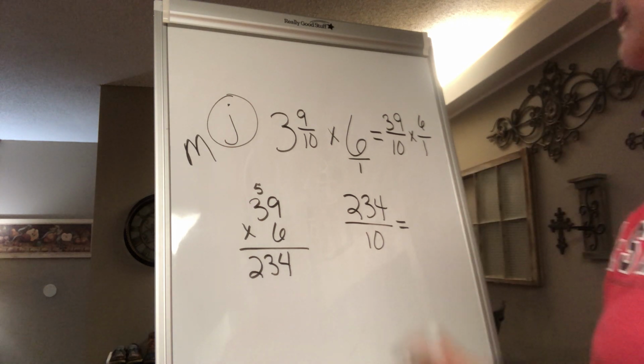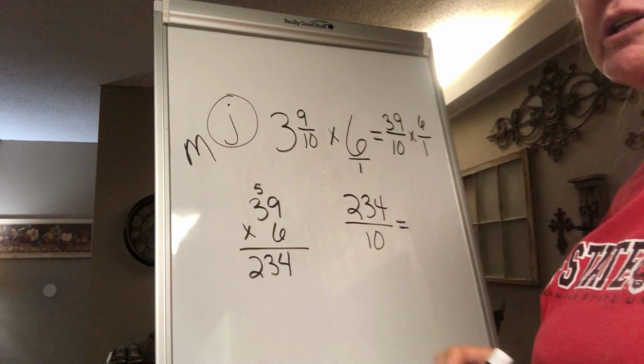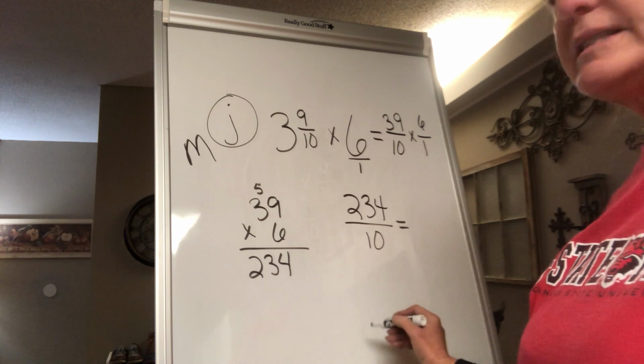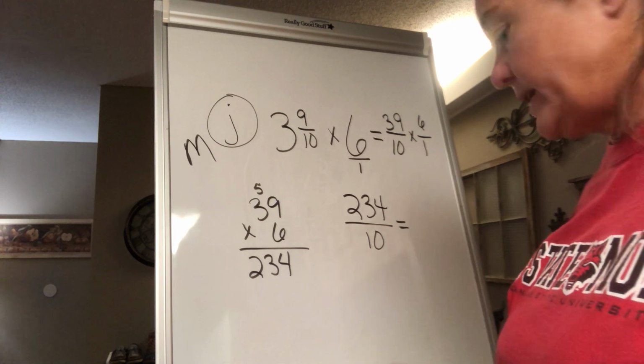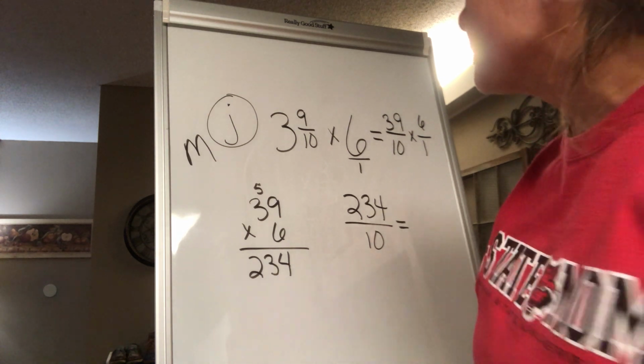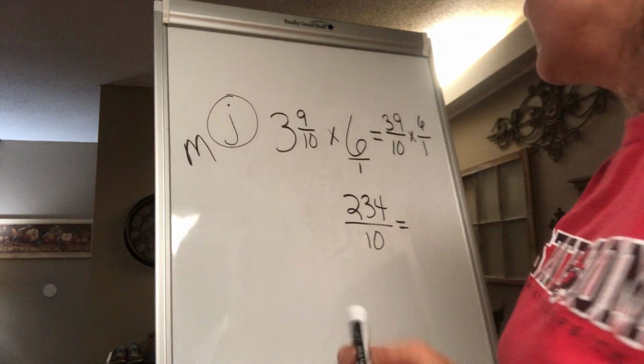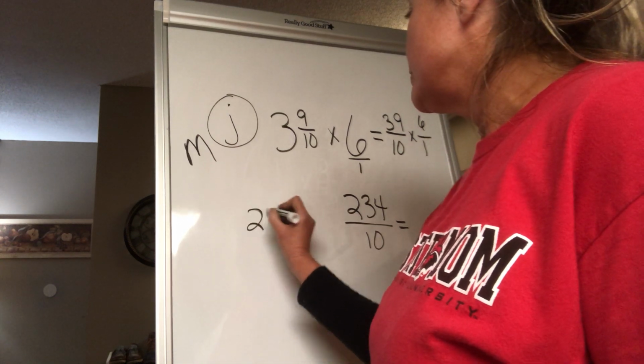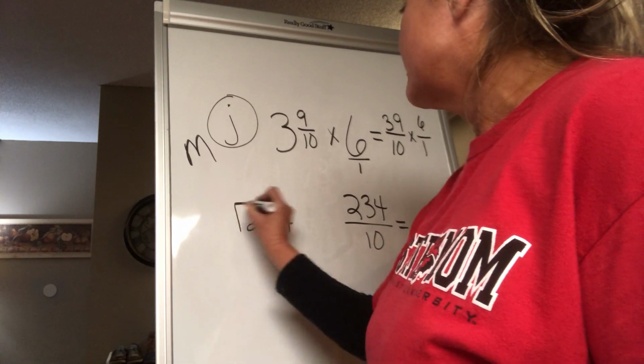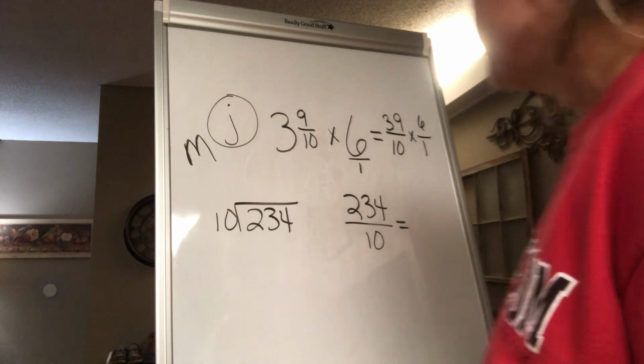But I do know that I can turn this improper fraction back into a mixed number by dividing just like I would read it from top to bottom. So I would go over to the side and do the math. I have 234 divided by 10.